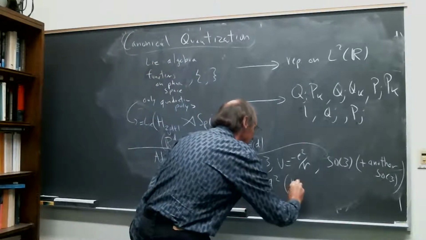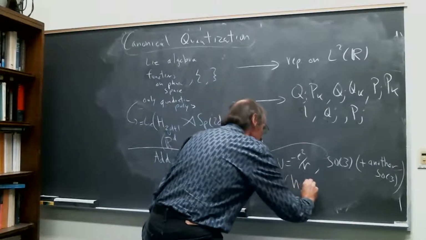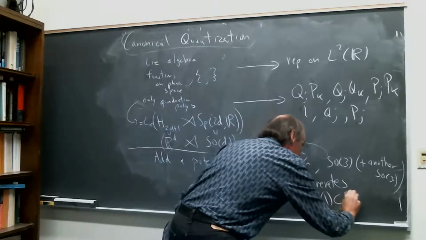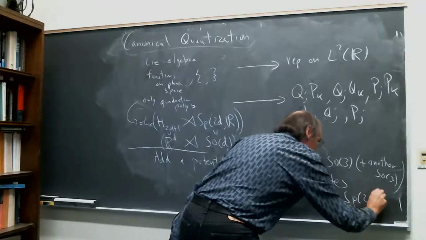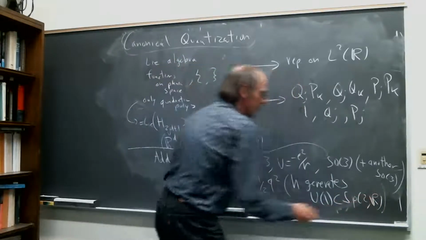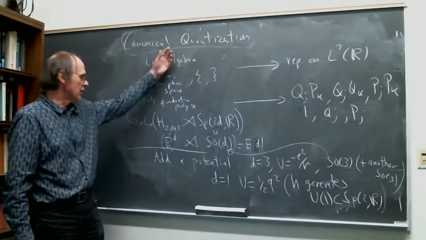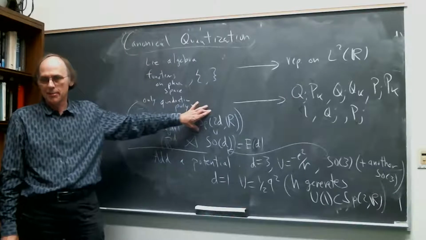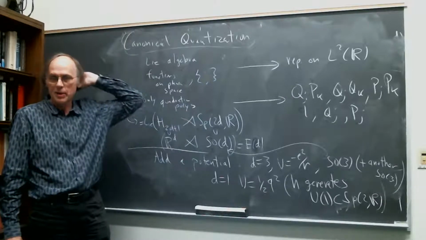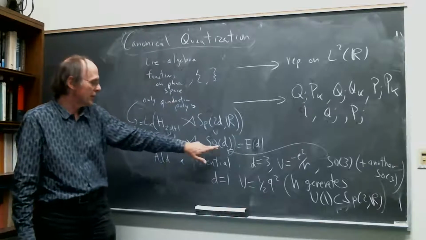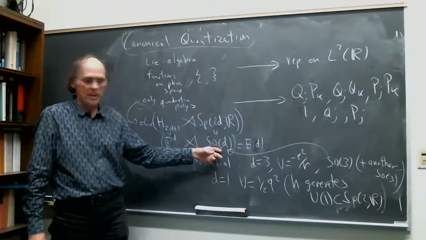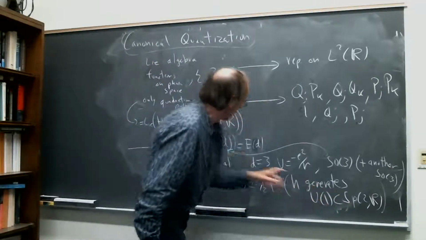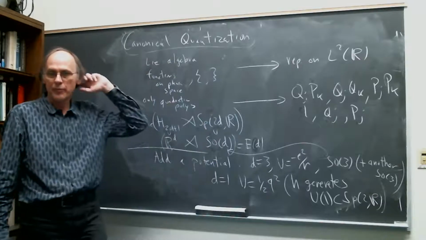So H generates a U1 inside Sp2 of R. Before, it may have been a bit unclear why you want to talk about these bigger symplectic group symmetries, because who cares? All you really care about are the spatial symmetries. Well, you don't just care about the spatial symmetries. You also care about this U1, which doesn't appear here, but it does appear here.